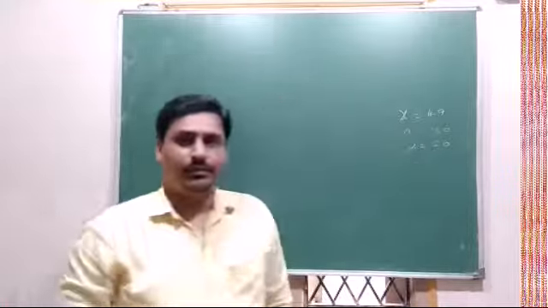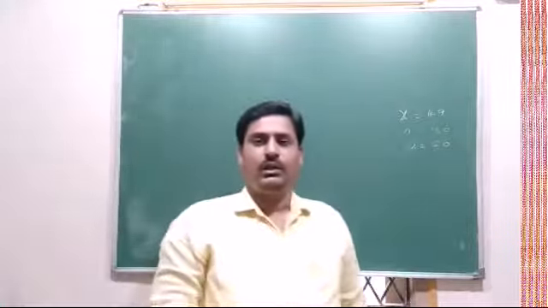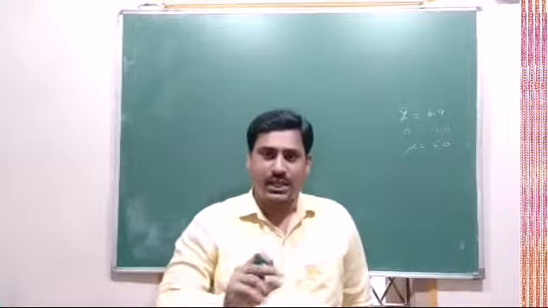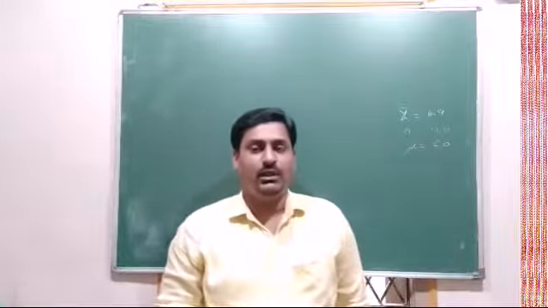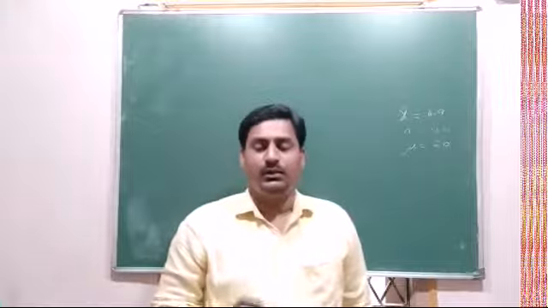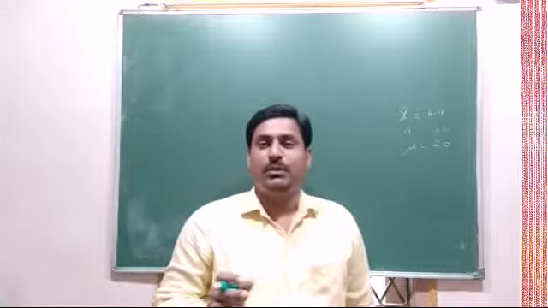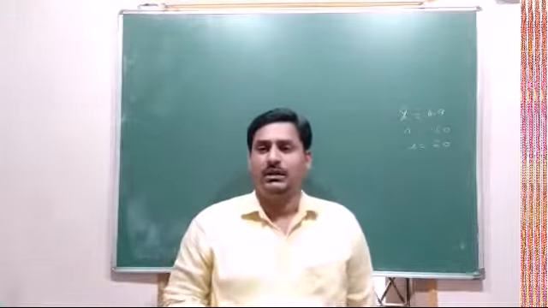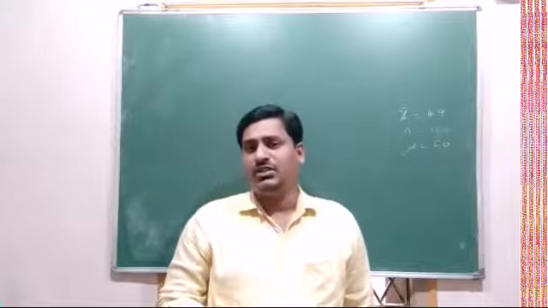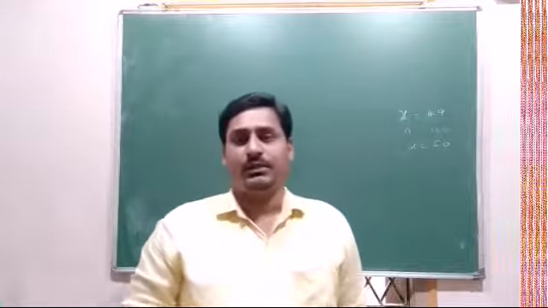So x bar is equal to 49, n is equal to 100, mu is equal to 50, and the standard deviation may be taken from the sample or from the population. From the population, how is standard deviation taken? Again, it may be based on previous experience.